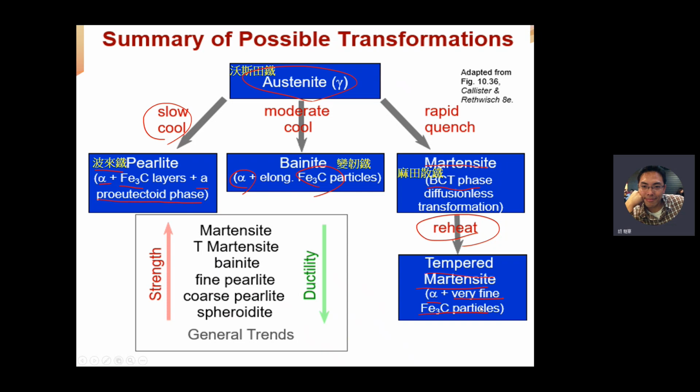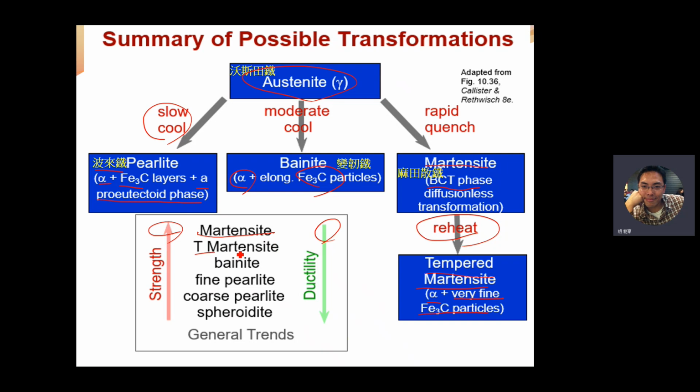Therefore, we can generally compare the mechanical properties of the different phases. Martensite always has the highest strength and the lowest ductility.